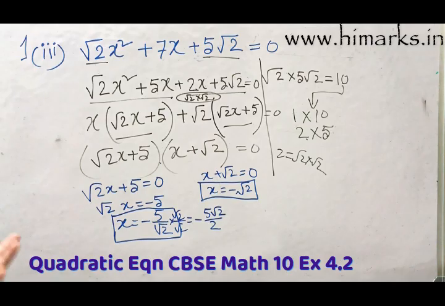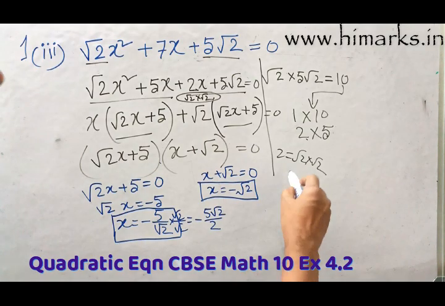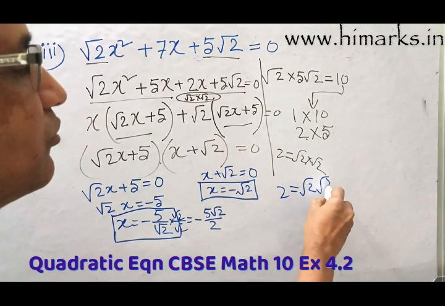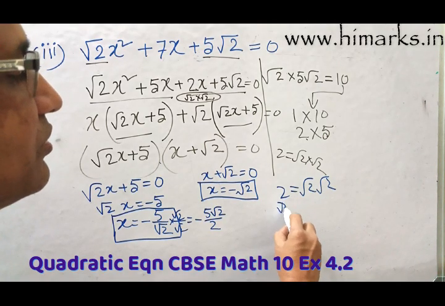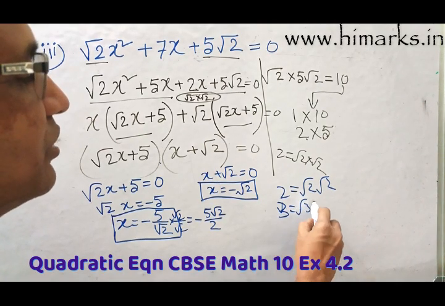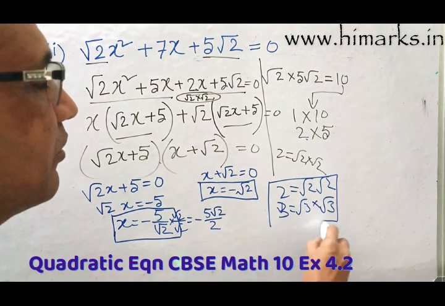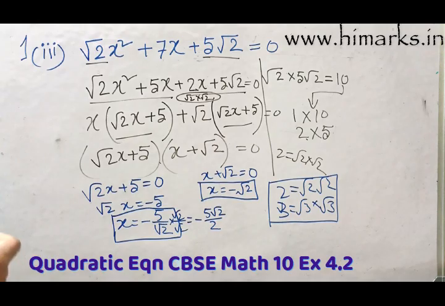Fundamentally, any number 2 can be written as root 2 into root 2, and 3 can be written as root 3 into root 3. This very fundamental understanding is required here. With this help, we can do the middle factor and get the answer. Hope you have understood.